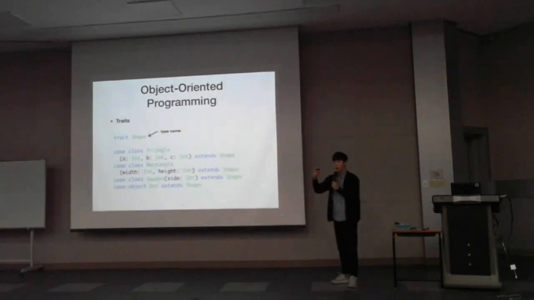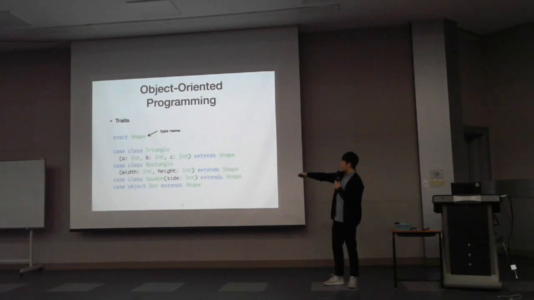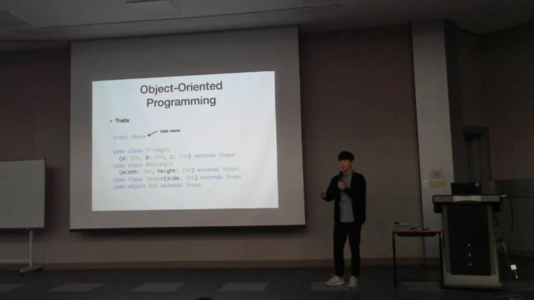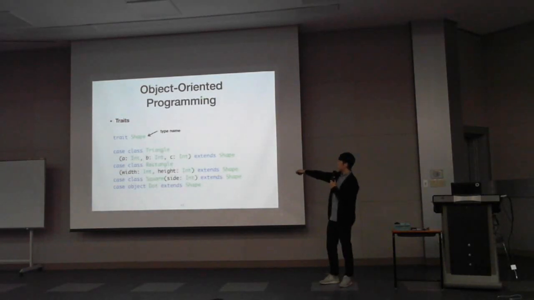And you can combine multiple case classes and case objects using trait. So actually, trait defines a new type named Shape, and then you can extend this type with case classes or case objects. So in this example, the type Shape is extended by the Triangle, Rectangle, and Scale case classes, and Shape is extended by the Dot object.